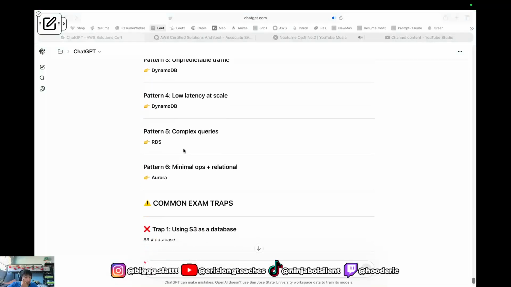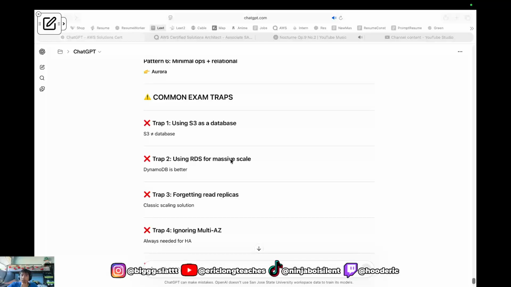Complex queries, use RDS. Minimal operational plus relational. Trap one is using S3 as a database. S3 is not a database, it's storage. Trap 2 is using RDS for massive scale. No, DynamoDB is better. Forgetting read replicas, the classic scaling solution.